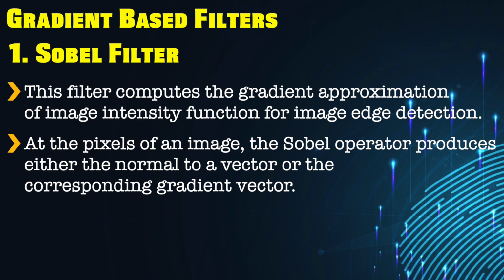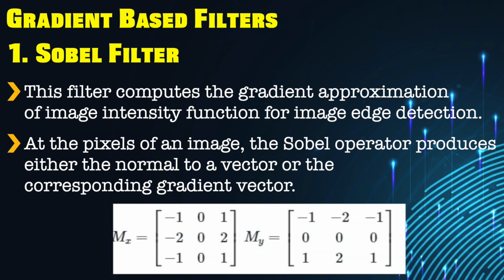When you convolve this filter with the image, the gradient will come as output. That is the beauty. The first one is for the x direction and the second one is for the y direction.